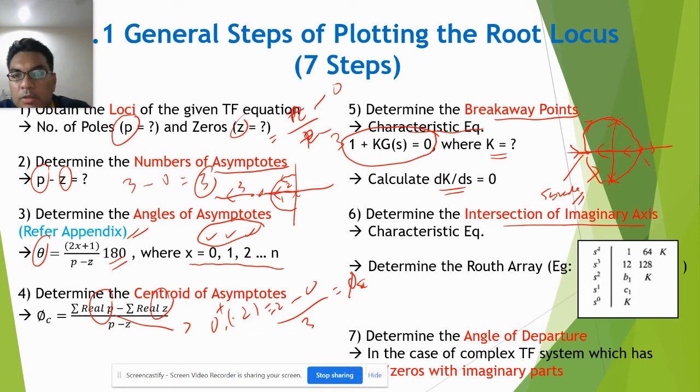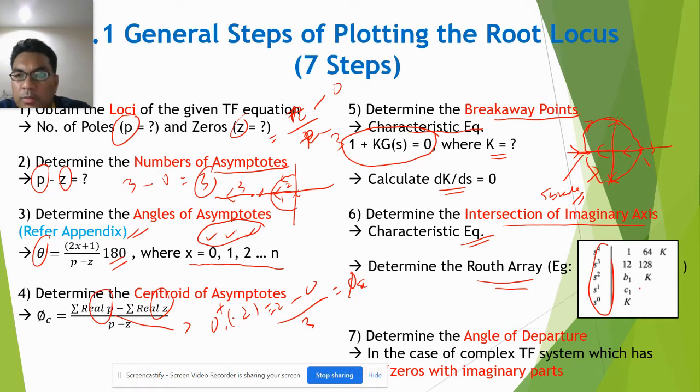This is important so that we know at what k gain value the system becomes unstable. With the same method, you have to determine the characteristic equation, and then you can determine the value using the Routh array as given here. This is the example you already learned in the lecture by Dr. Zalila on the Routh array, how to generate it.